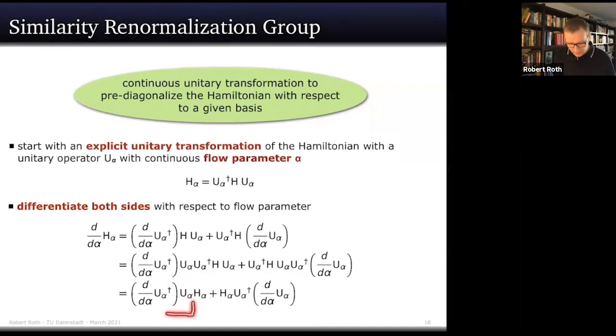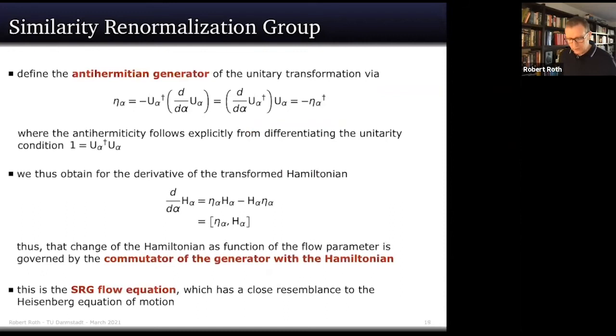And you have these bulky things left, these derivatives of the U operator times an extra U. You simply absorb these into a new operator, which you call eta of alpha, and you call this operator a generator. It's just by definition this combination of the derivative of a U and another U, one with a dagger, one not. And you can show that this term is equal to this term by simply doing the same derivative game with this unitarity relation.